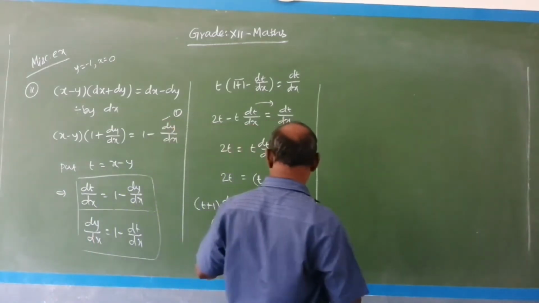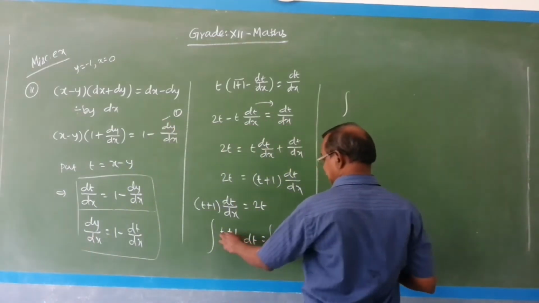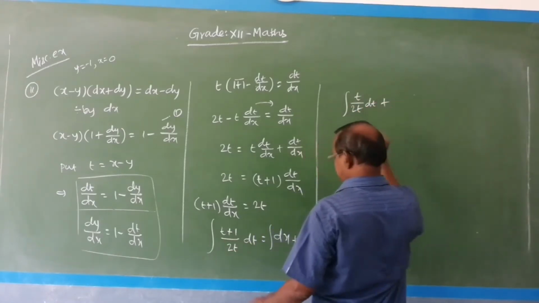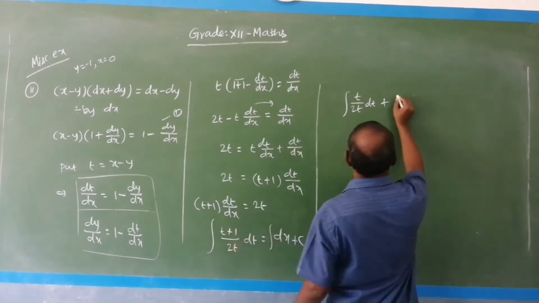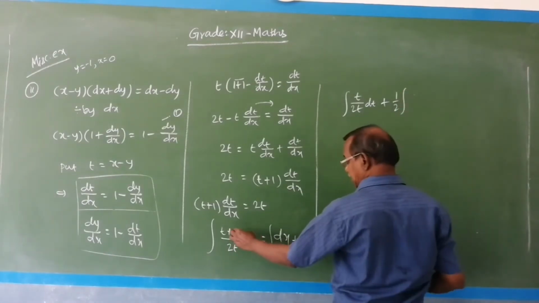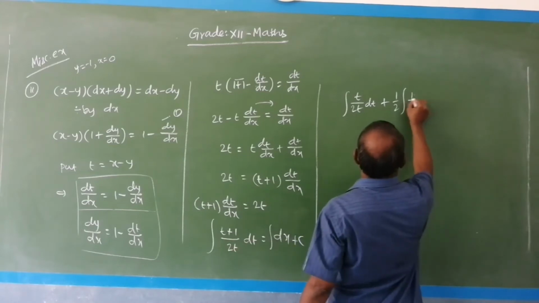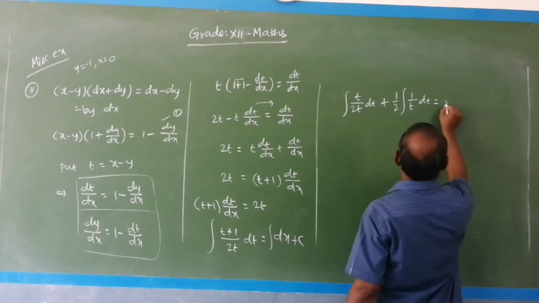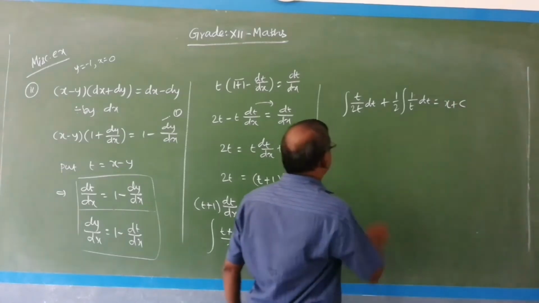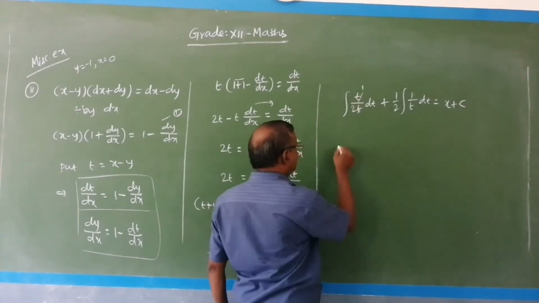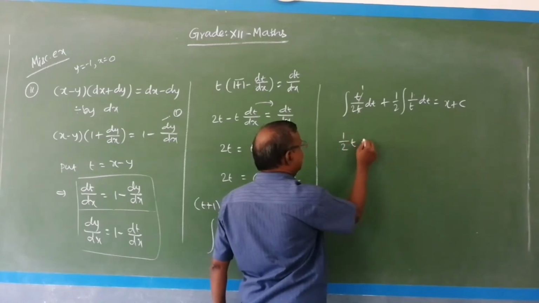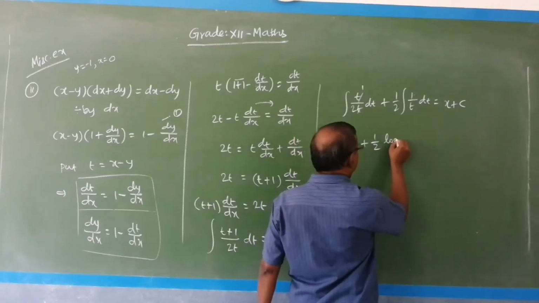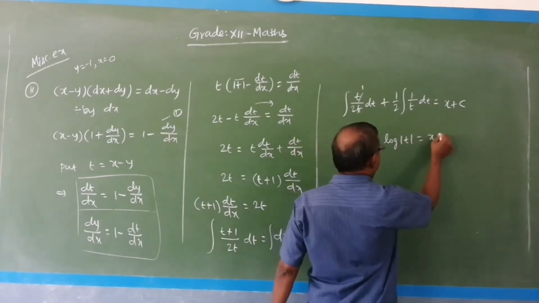So the LHS is integral t by 2t dt plus 1 by 2 integral 1 by t dt equal to integral dx, that is x plus c. So 1 by 2 integral dt means t, plus 1 by 2 into integrating 1 by t, it is log of modulus of t, equal to x plus c.